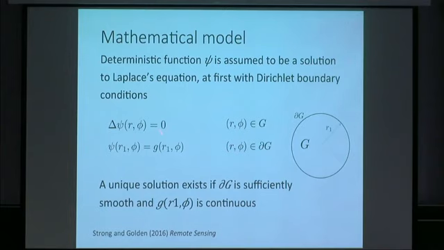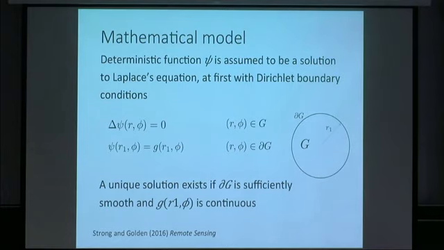I'll use r and phi throughout to indicate the radial and angular polar coordinates centered on the pole. And so as the Dirichlet problem, psi solves Laplace's equation for every point in G, and then we have the boundary condition given by concentration on the outer boundary, the function g. And we know a unique solution exists if the boundary is sufficiently smooth and this function g is continuous.